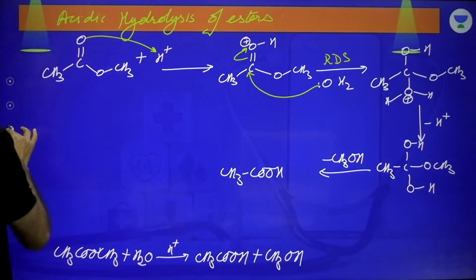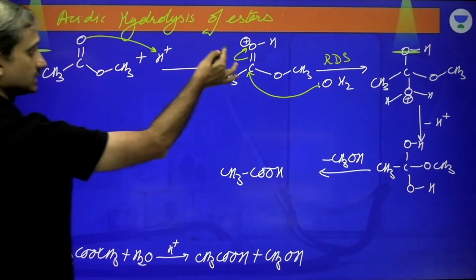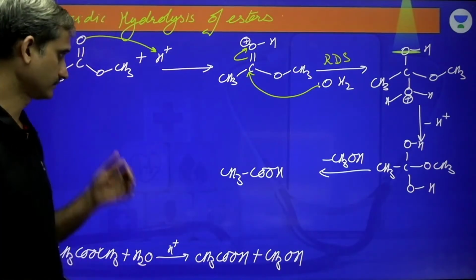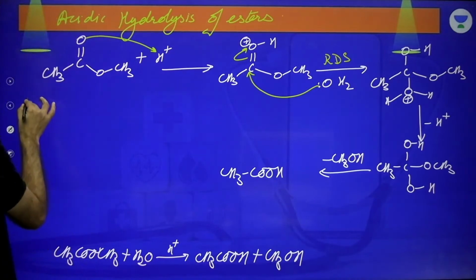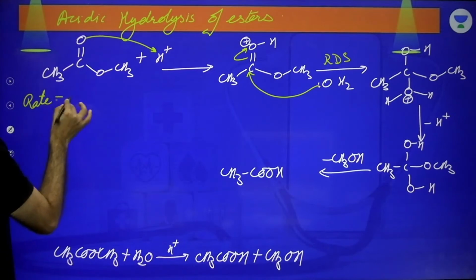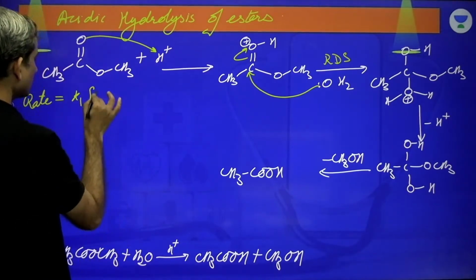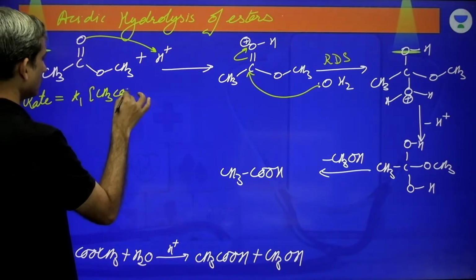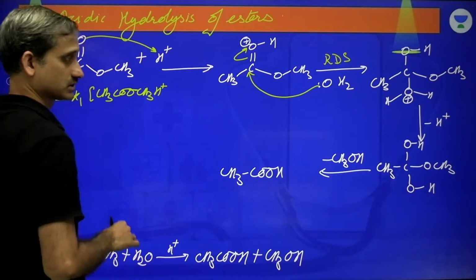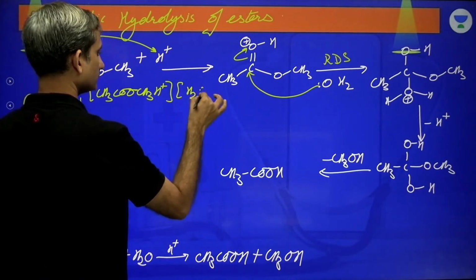Now, when we talk about the rate determining step, this rate determining step is a bimolecular step. According to the rate determining step, rate will be equal to K1 into the concentration of CH3COOCH3H plus, this is the species, into the concentration of H2O.